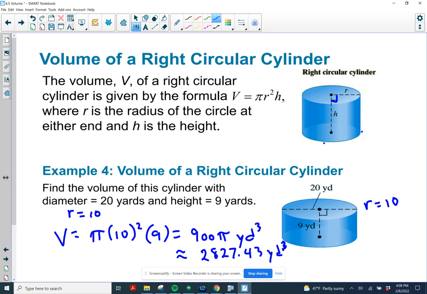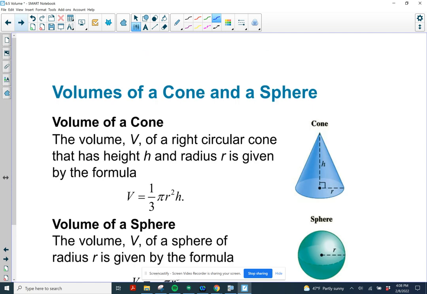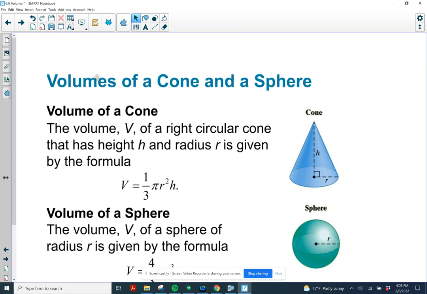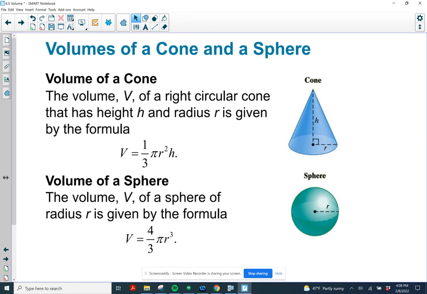All right, next example. Volume of a cone and a sphere. So let's do these formulas. The volume V of a right circular cone. So this is a right circular cone. They've shown us a picture of one right over here.